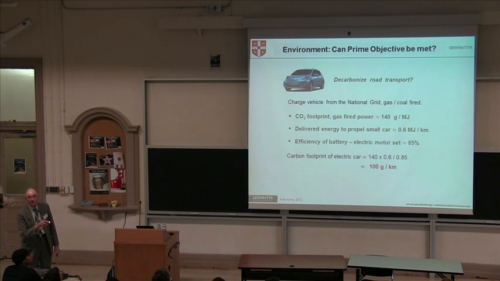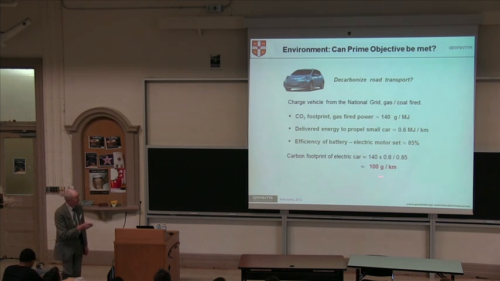At the moment, in Europe, I think 28 or 30 small cars can already propel you with a carbon emission of 100 grams per kilometer or better. So 100 grams per kilometer is not very good. If this were a coal-fired power station, it would be much worse.